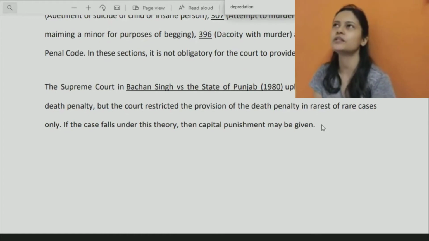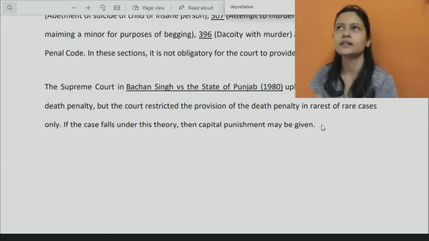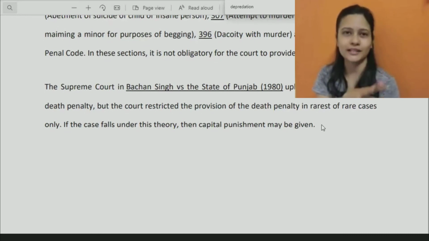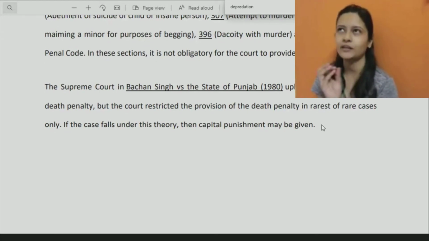So what happened here? There was a girl, Shabnam, from the state of UP, belonging to the Muslim community. Shabnam was very well qualified. She was working as a teacher in a government school, and her entire family was in teaching, doing well.